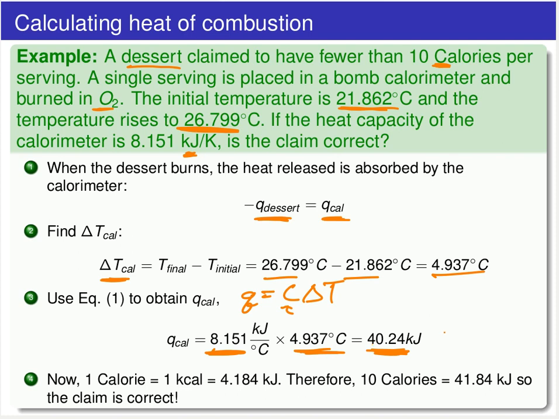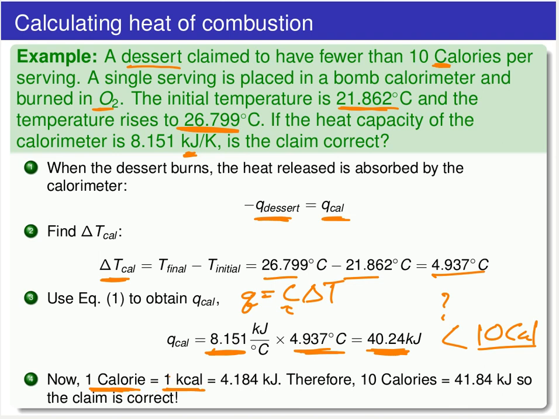So then the question is, is that less than 10 calories? Okay. So in order to carry out that last step, we're going to have to convert these uppercase Calories that we talked about when we're looking at foodstuff into a unit that we can compare with kilojoules. So it turns out that one uppercase Calorie that we use on food containers is equal to 1 kcal, 1 kilocalorie, lowercase calorie.